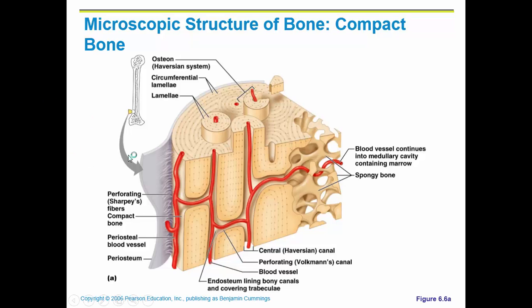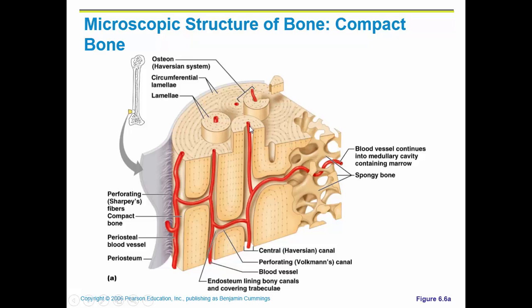So this is what we were talking about. This circular portion right here, this concentric circle, is one osteon. And the matrix portion is called the lamella, so the solid portion. And you can see right here that there is a blood vessel poking through. That's the central canal.